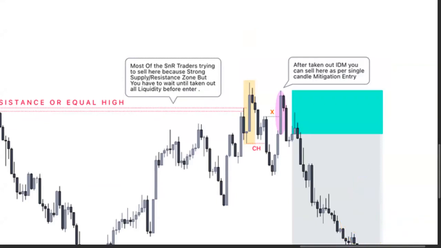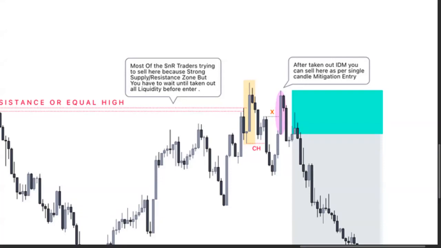Mainly, we focus on identifying the liquidity. First, identify the liquidity. And before you become a smart money trader, you have to become a better retail trader, because the majority of people are trading based on support, resistance and trend lines.